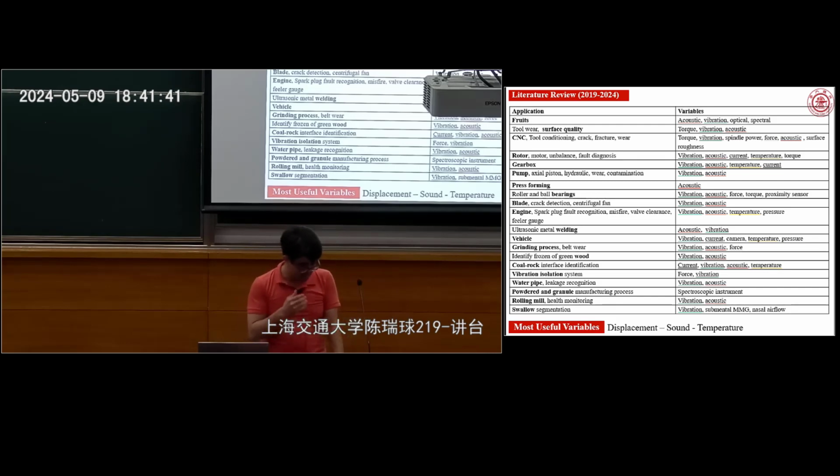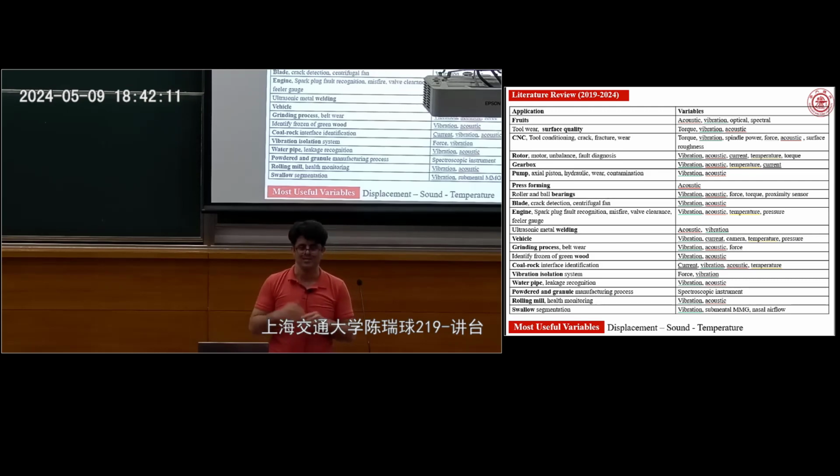In the second column I underlined with some colors, green, red, yellow, and brown, the diversities of these variables mentioned before. Preferably, the most useful variable, if you want to get data, firstly is displacement, which is related to vibration.